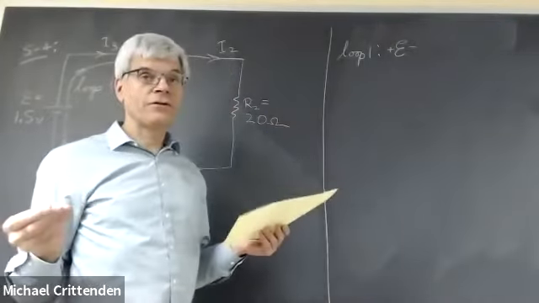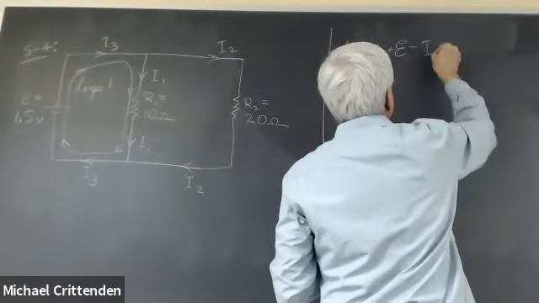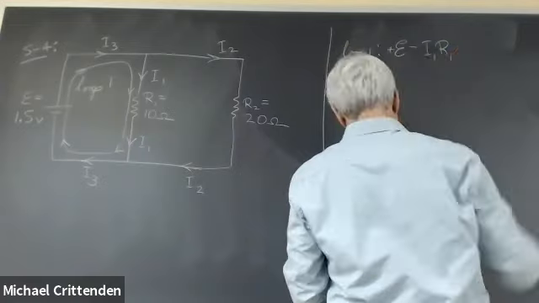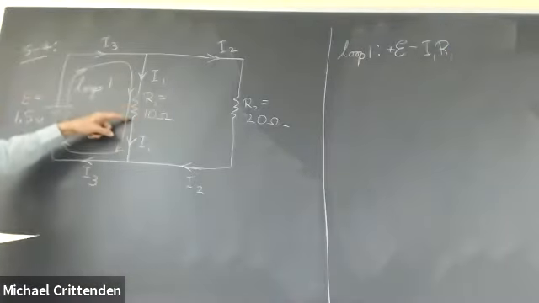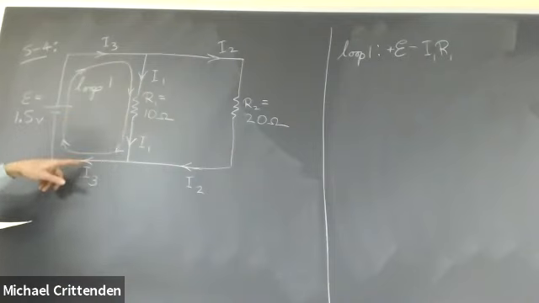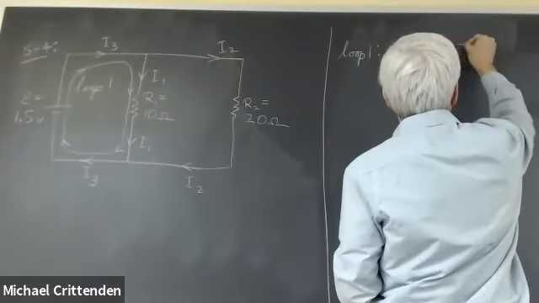And the voltage across a resistor is given by Ohm's law: I1 times R1. From there, no change, no change, no change, and I'm back to my starting point. So those two voltages have to add up to 0.